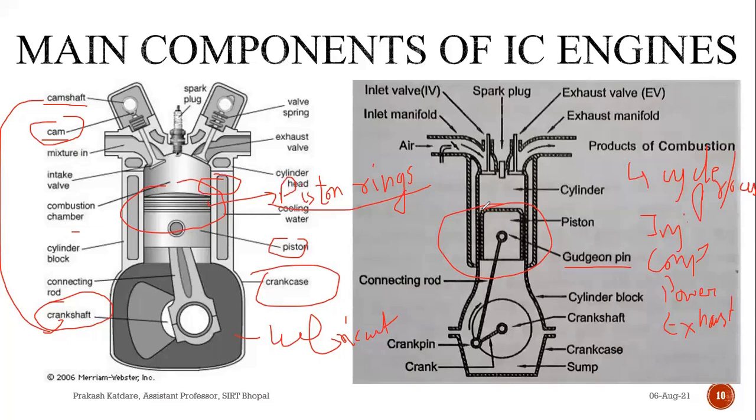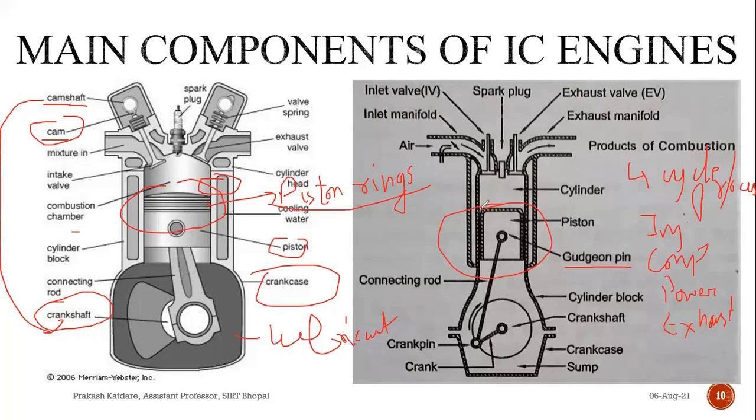We want a uniform output so that the operation of the engine does not fluctuate very much. If in one cycle the power output is very high and in another cycle it is very low, it will create damaging effects on our engine.